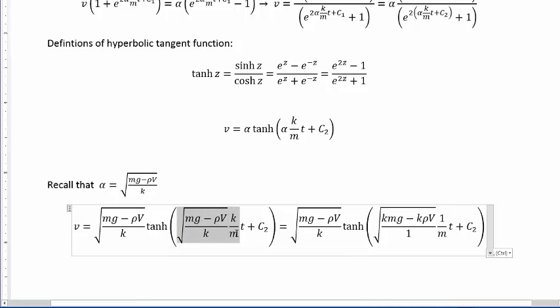Now, focusing on this expression, this is just a product, and we can think about bringing this k into this square root. So it goes into the square root as a k squared. And then what that's going to do is cancel the k in the denominator, and this is gone.